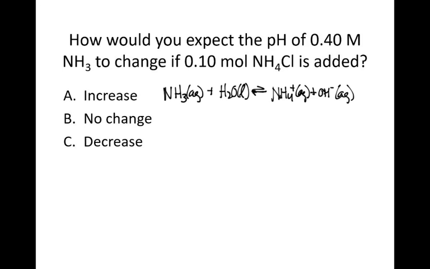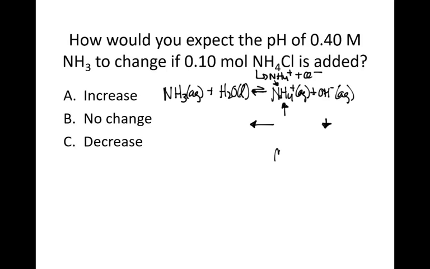Okay, and so if we add more NH4Cl, NH4Cl is a salt, so it's going to dissociate into NH4+ and Cl-. NH4+, look, is one of the components in our reaction. So if we increase the amount of NH4+, we're going to see a shift in the reaction toward the reactants. That's going to cause a reduction in the amount of the other product, OH-.